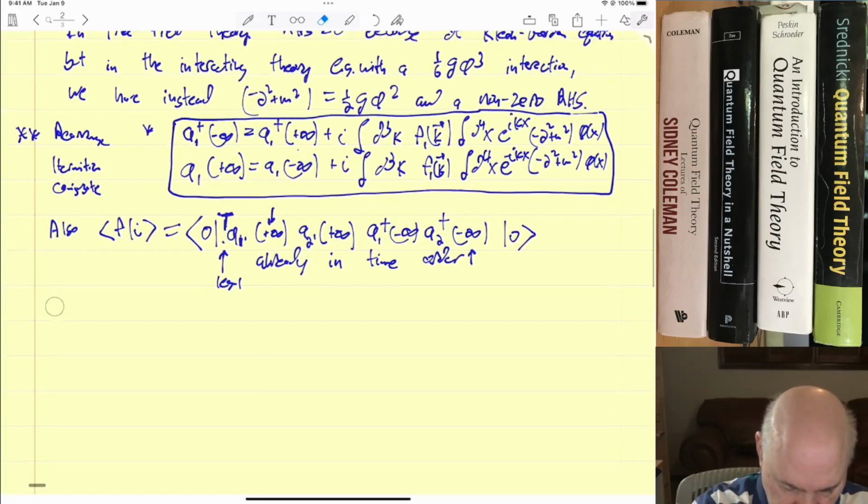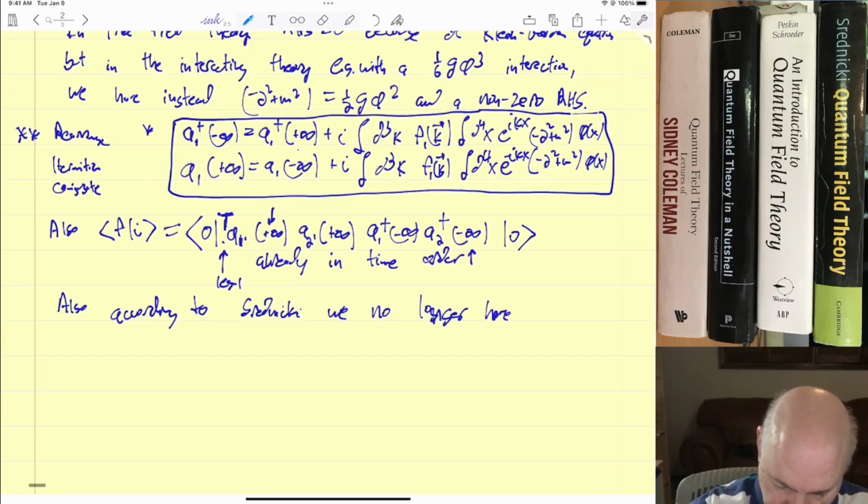also according to Srednicki, we no longer have to worry about wave packets.